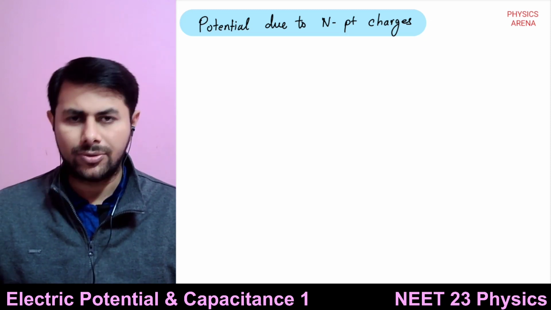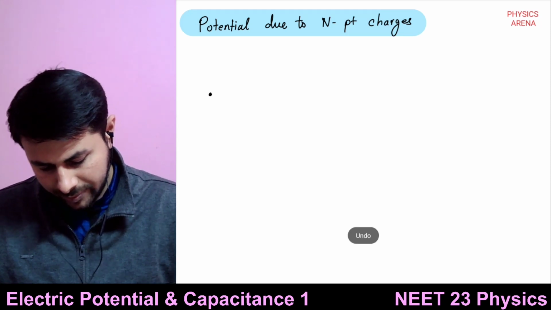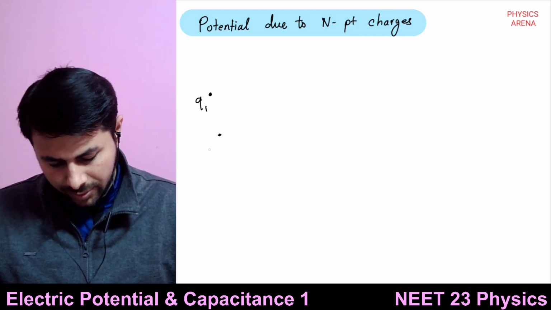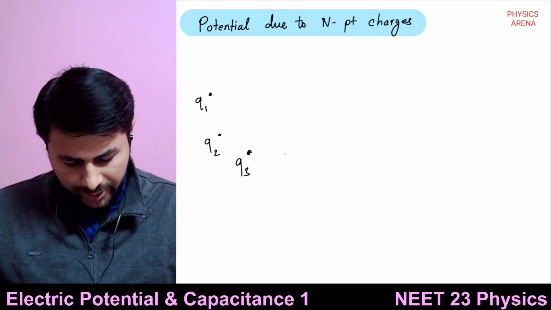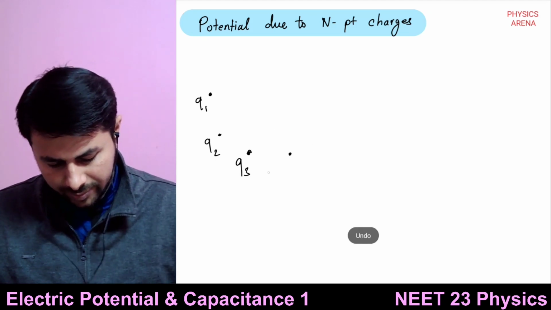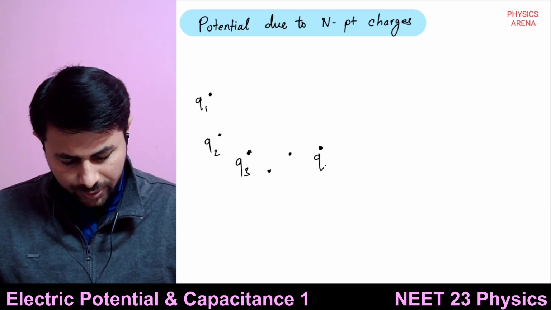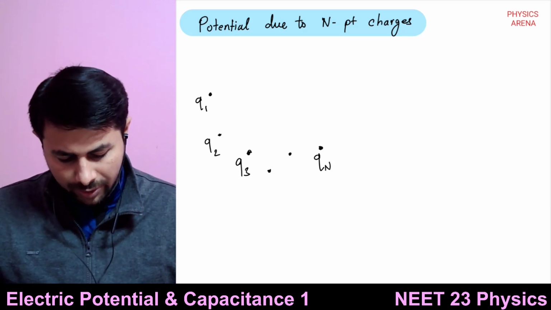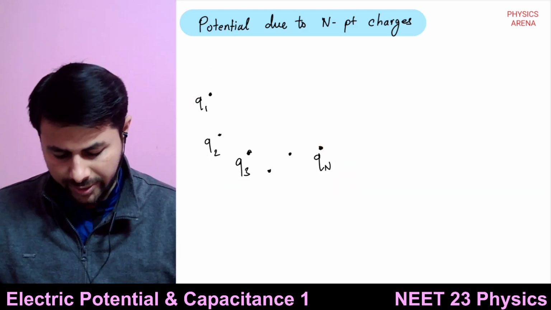What will be potential due to them? So suppose this is charge Q1, this is Q2, Q3, and we have n number of them like this. Let's suppose Qn, and I want to find out potential due to this system of charges at some point.